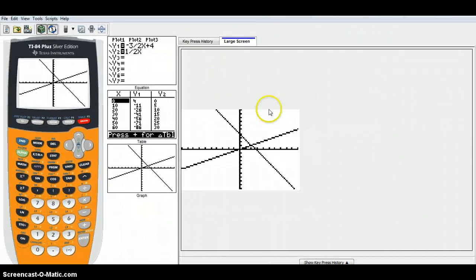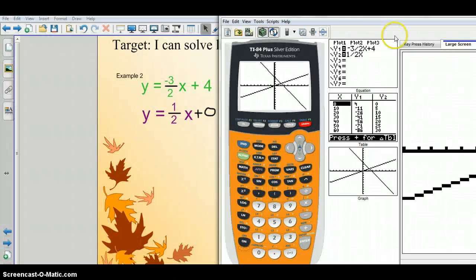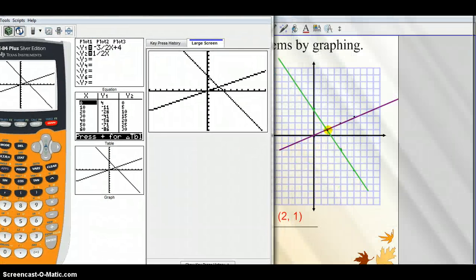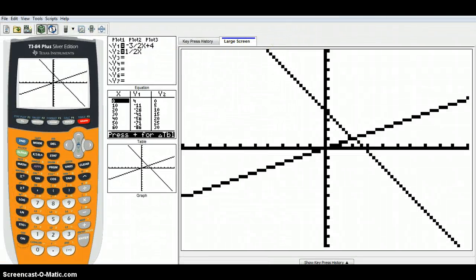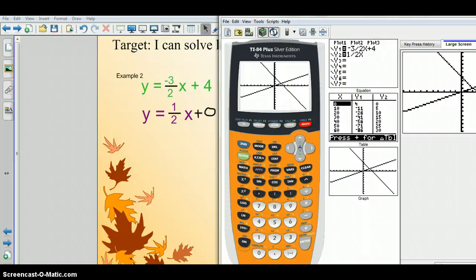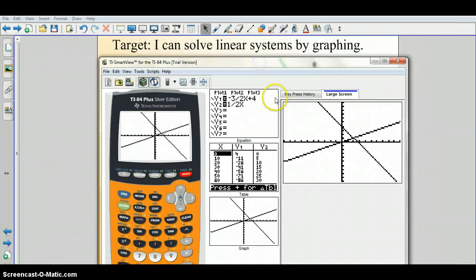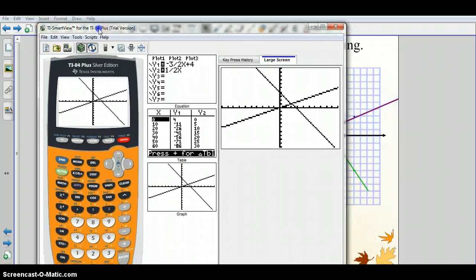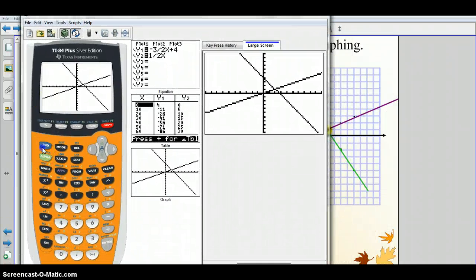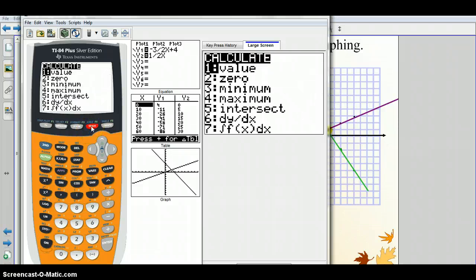Should look just like we've already graphed by hand. Let's compare it to our graph. Looks pretty good. Now we're going to use that calculate feature. And to get the solution, we hit this button here that says second trace, which is going to access the blue calculate feature there.